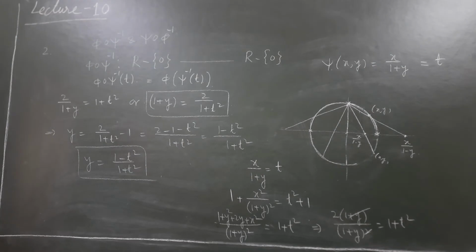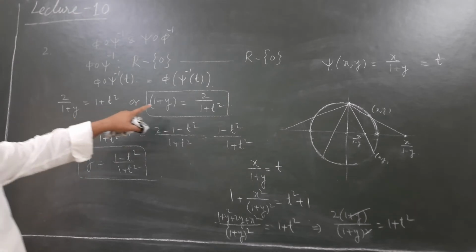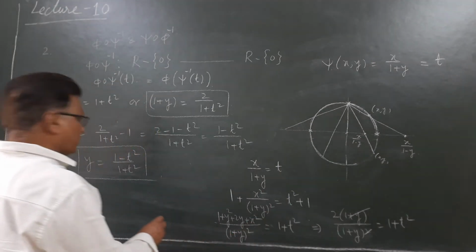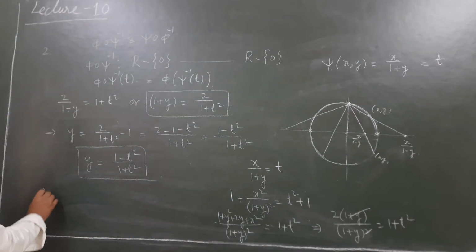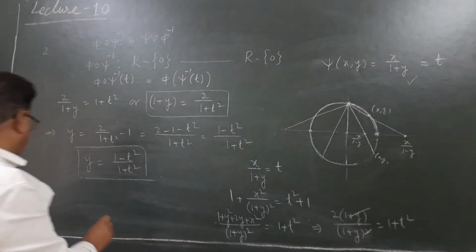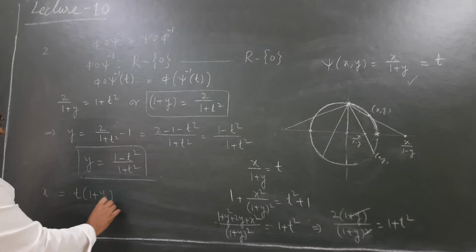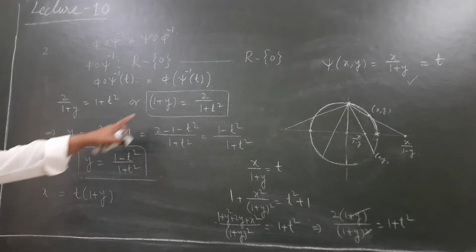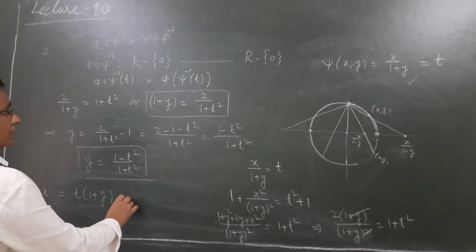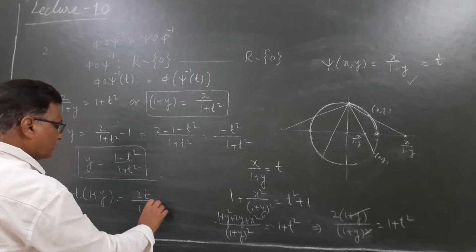Okay. Now, x को भी निकालना है तो हमने मालूम किया था क्या? x equal to, from here, x equal to t times 1 plus y. 1 plus y is here, so this is equal to 2t upon 1 plus t square.